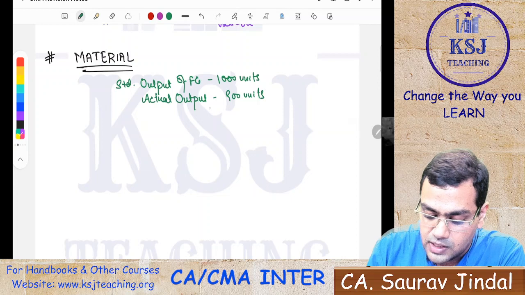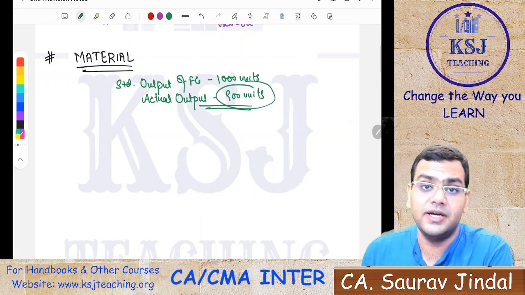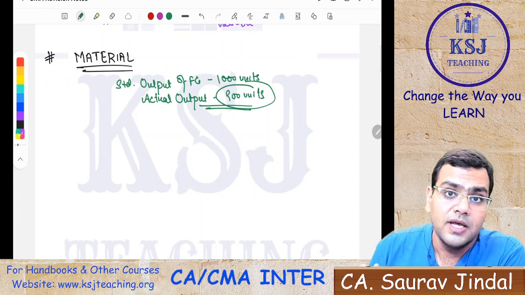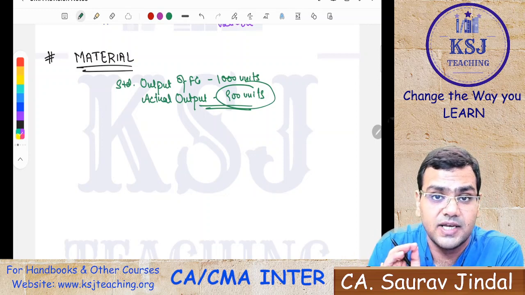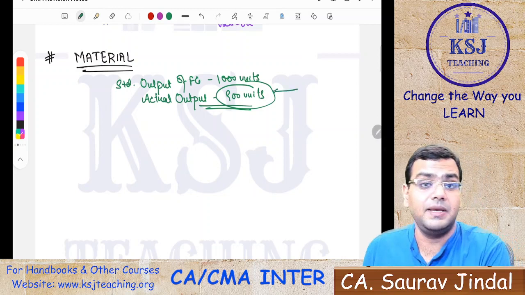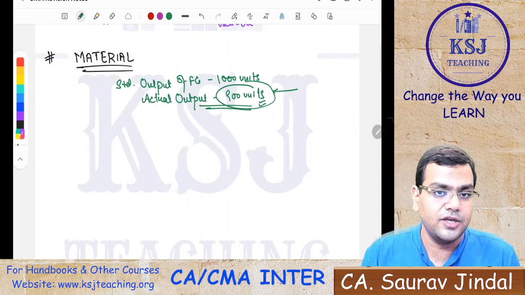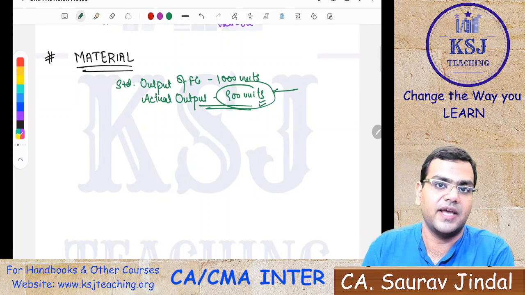Now you will have to compare the standards and the actuals as per this 900 units. That is the actual output, because whatever actual expenditure has been done, the actual cost has been incurred, that is on 900 units. That means now you need to find out what the standards will be for 900 units and compare them with the actuals of 900 units.